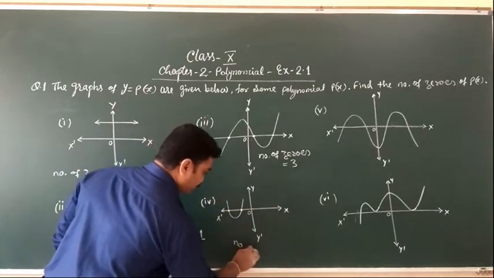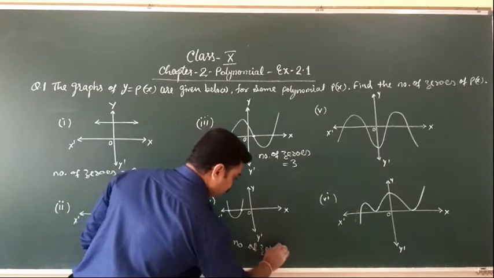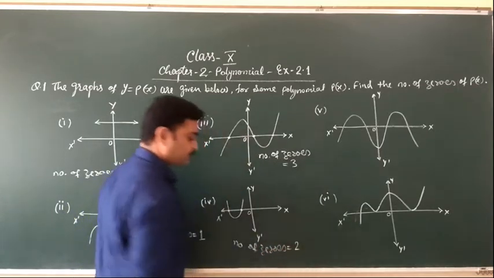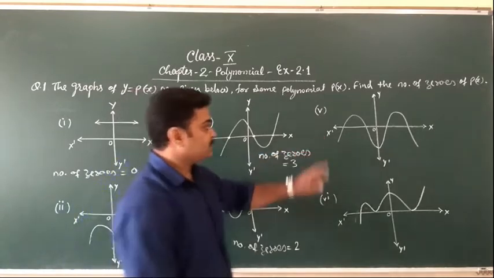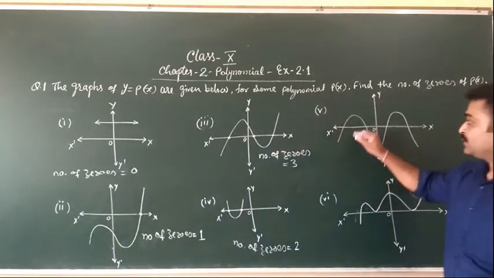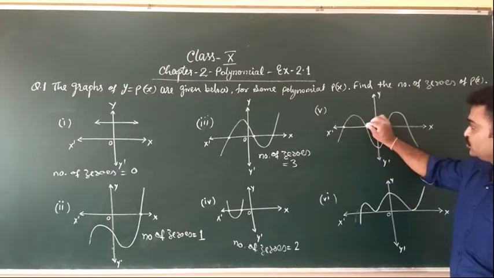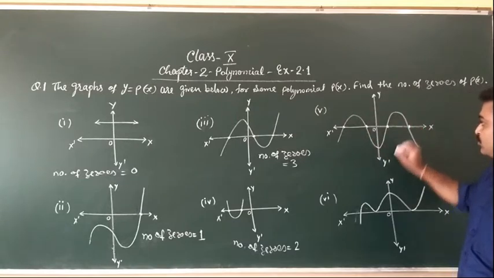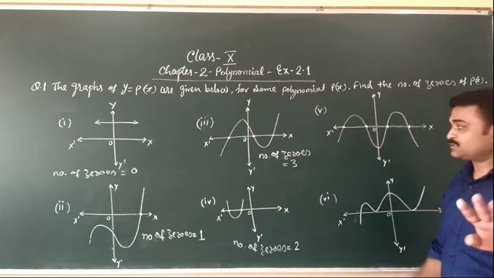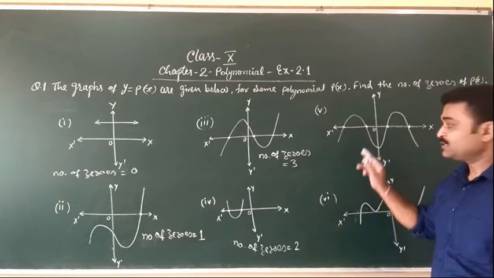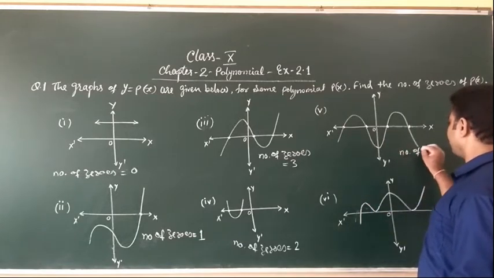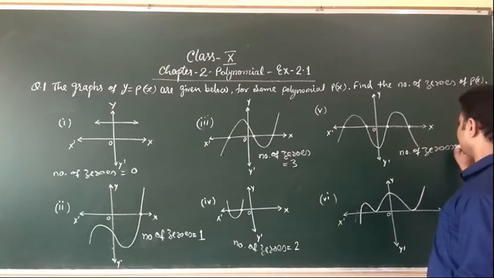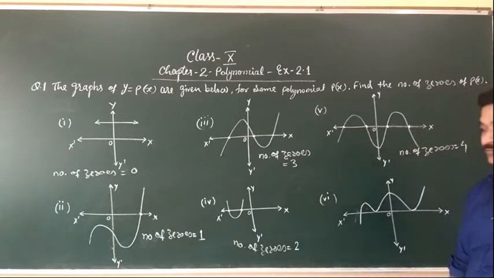Therefore, number of zeros is equal to 2. In this case, see, 1, 2, 3 and 4. At 4 points, the graph of p(x) cuts the x-axis. Therefore, number of zeros is equal to 4.